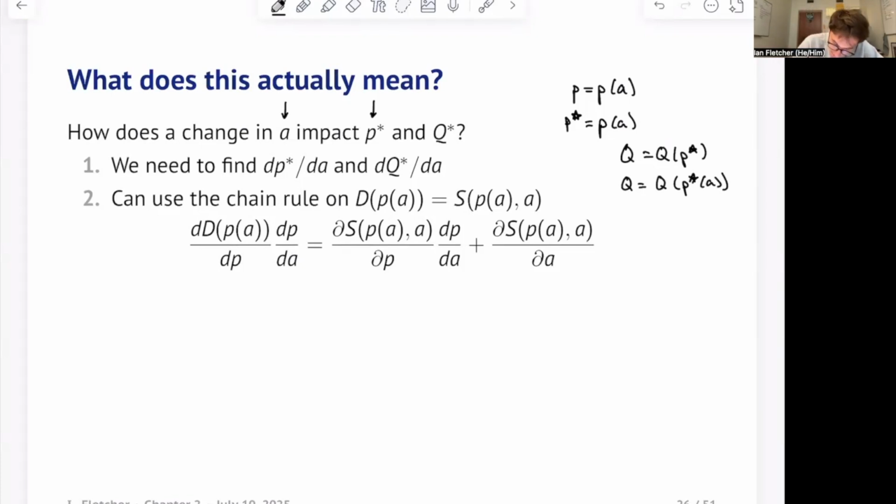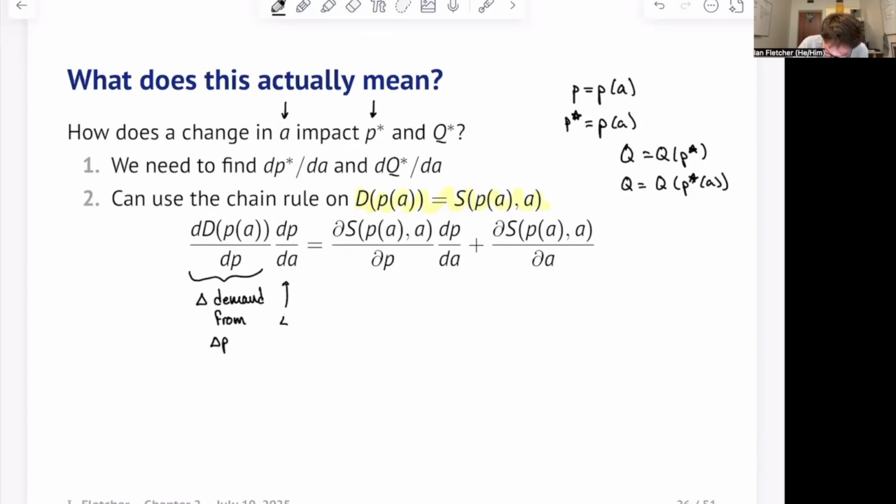Given this, let me just highlight this instead of trying to throw a box. Given this, we can use the chain rule to figure out how a small change in A, a subtle increase in A, can change the equilibrium conditions. And this is going to be interpreted in a lot of different ways. So this is going to be our change in demand from a change in price.